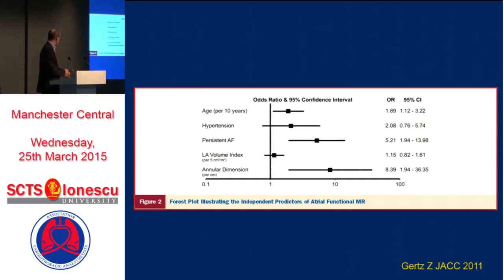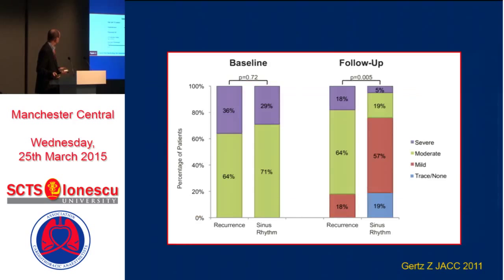And what you see is that the independent predictors of the extent of mitral regurgitation in these people, not surprisingly, there's age, there's hypertension, there's the persistence of the AF, all of which you would expect. Left atrial volume index isn't particularly convincing in this, but annular dimension, again, is key. So dilation of the annulus appears to be the most important predictor of the extent of mitral regurgitation in these people.